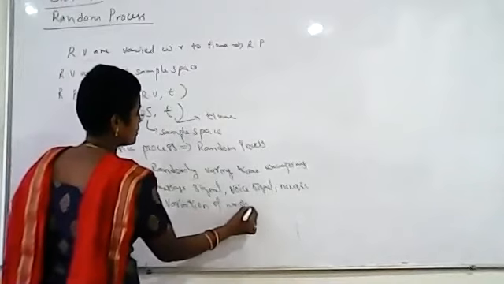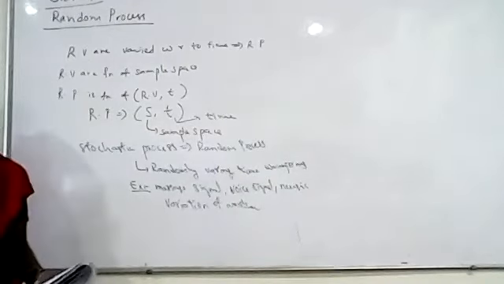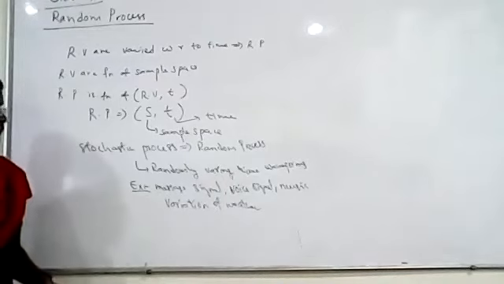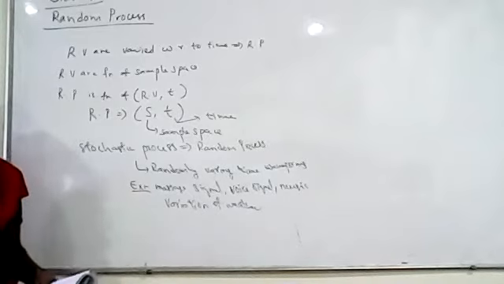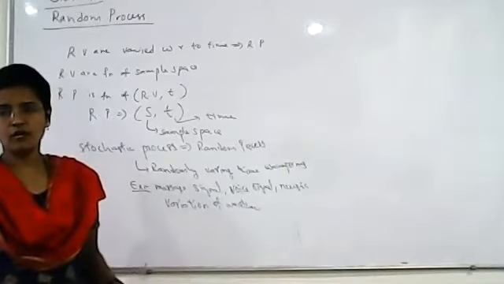All these are examples of stochastic process. If you observe all these signals, message signal, voice signal, music signal, or variation of weather, we don't know the origin of these, where these originated.